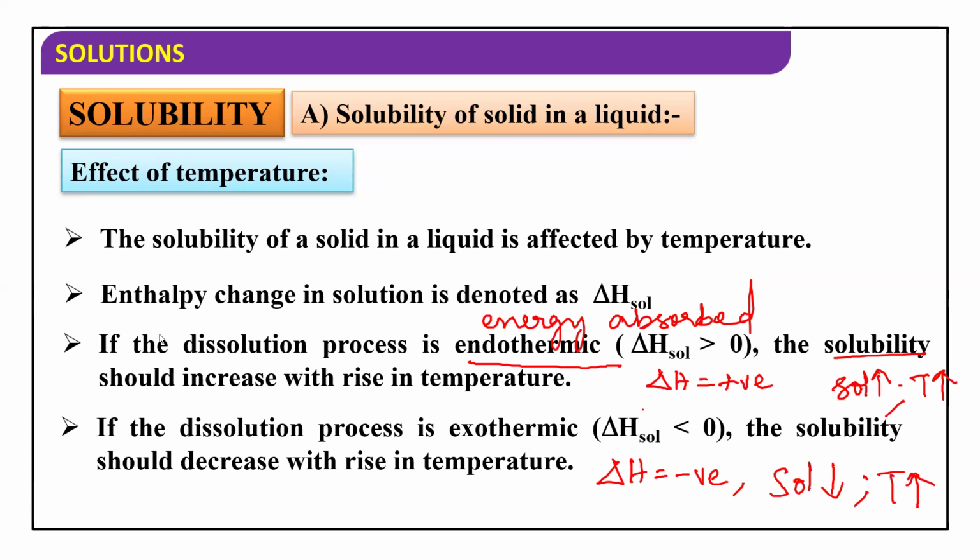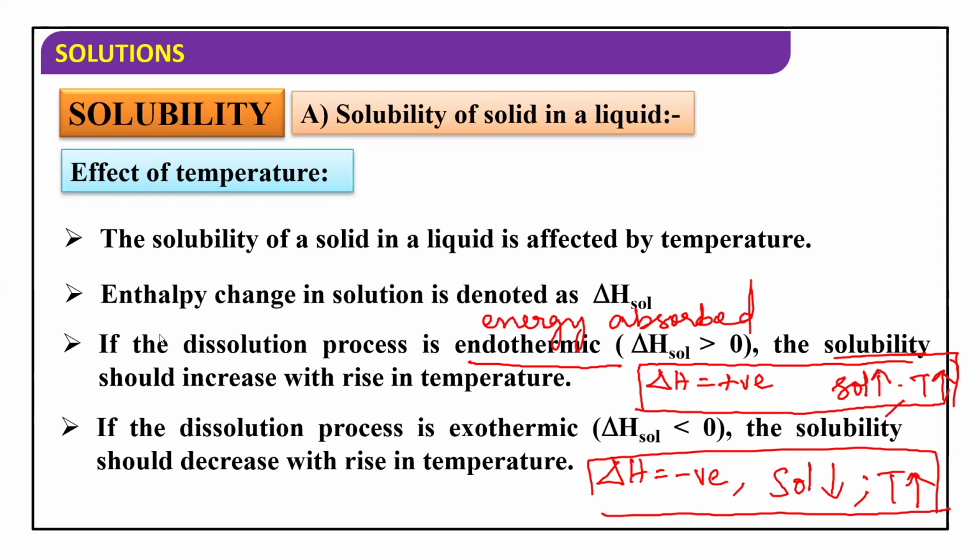So these two points are very, very important to note down under the solid and liquid topic about solubility. So take down these two things. This is in the form of a statement and here is the gist of the statement. So exothermic means energy will be released. It is a heat energy releasing process.